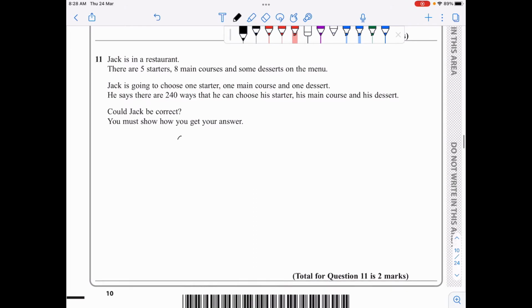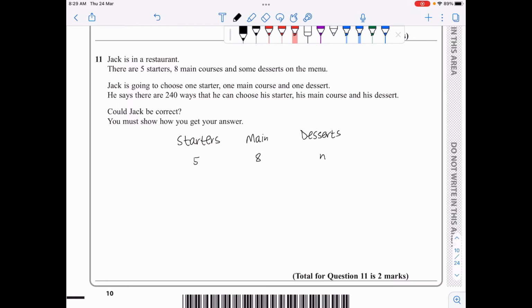So we've got starters, we've got main, we've got desserts. We've got 5 choices for starters, 8 for main, and say n for desserts.